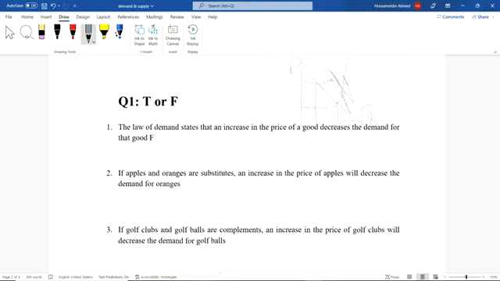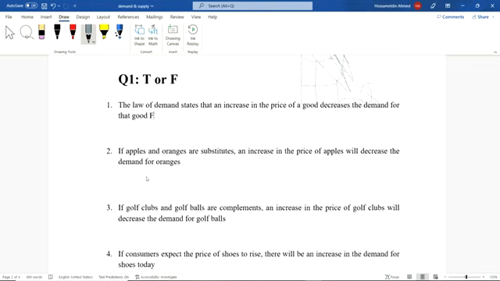So, moving to the next point, or point number 2, which says that if apples and oranges are substitutes, an increase in the price of apples will decrease the demand for oranges. It says if the two goods are substitutes, an increase in the price of apples leads to a decrease in demand for oranges.